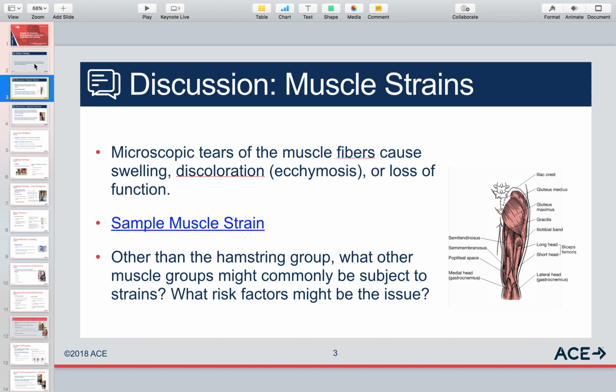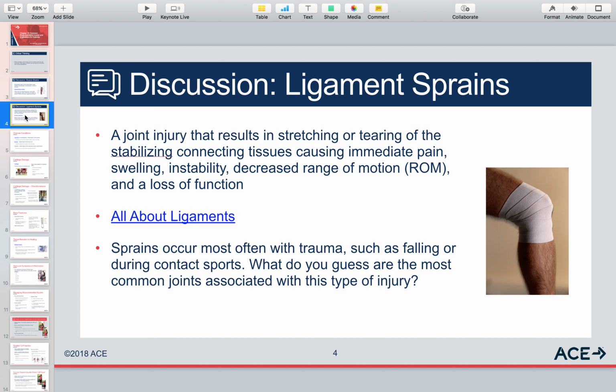It causes swelling, discoloration, and loss of function. Muscle strains are common for a lot of athletes in the hamstring group. Oftentimes we over-strengthen our quad, which results in a tight hamstring, and then you're more likely to have some form of a muscle strain on that tight muscle group.